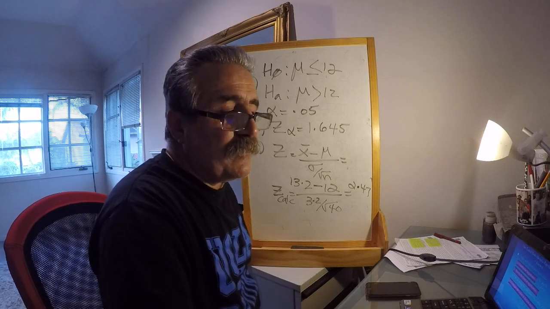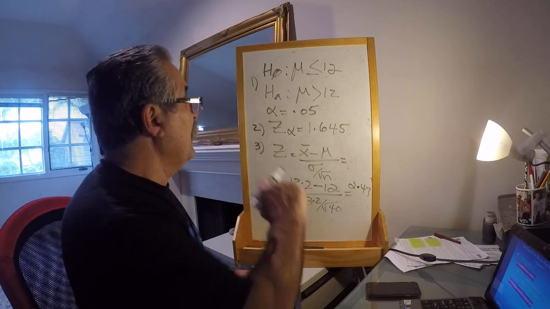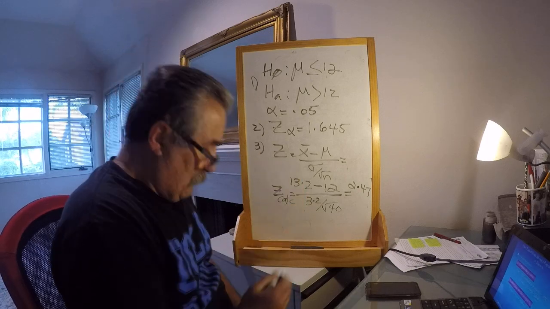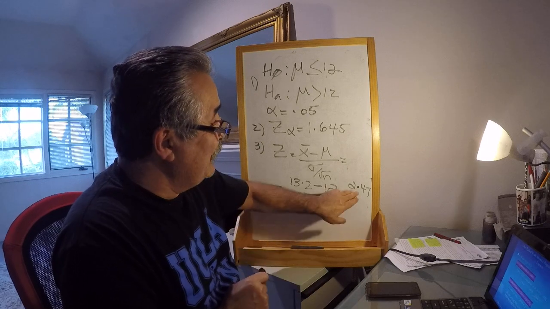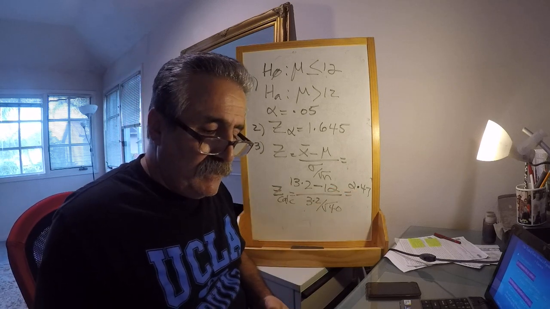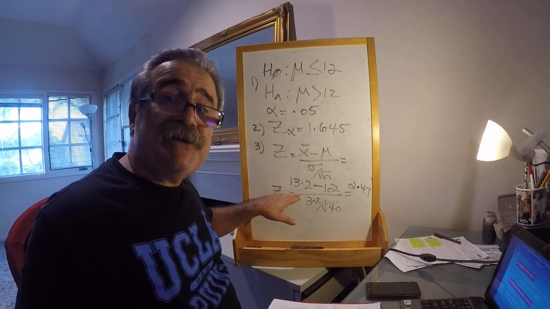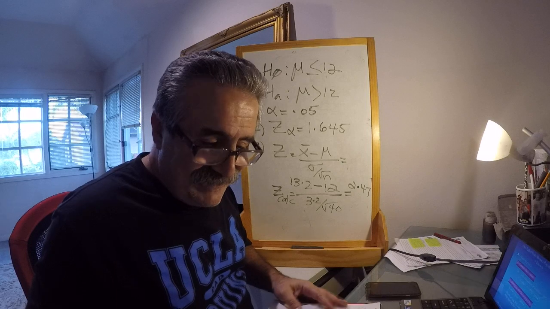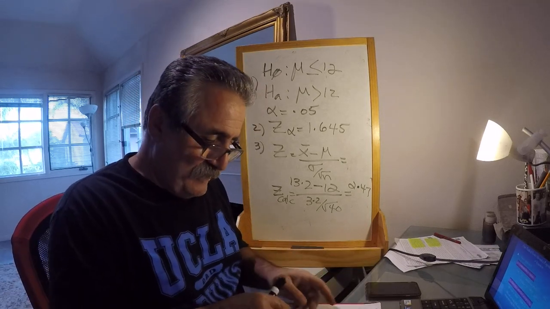Now let's go further ahead and start doing the p-value. We go to the Z table and find the area where they are going to meet their goal, according to 13.25 minutes.